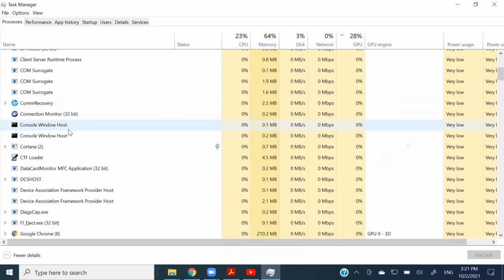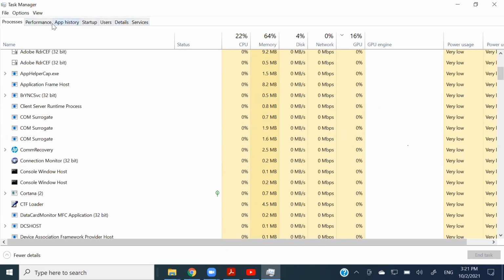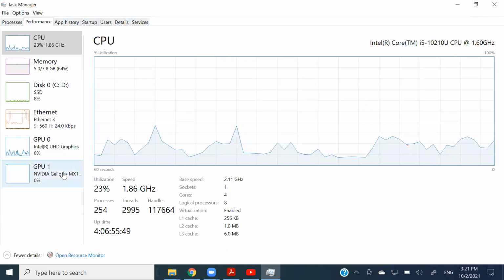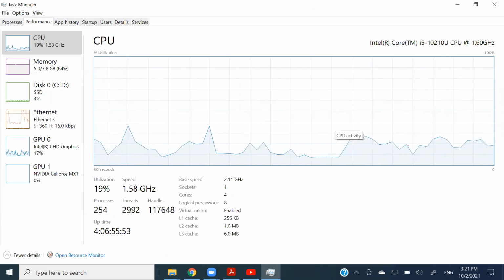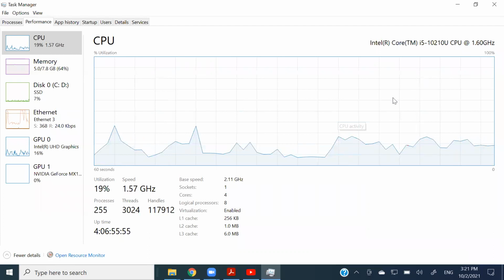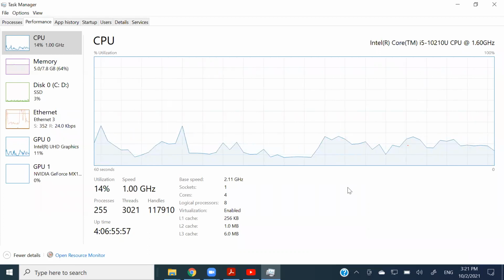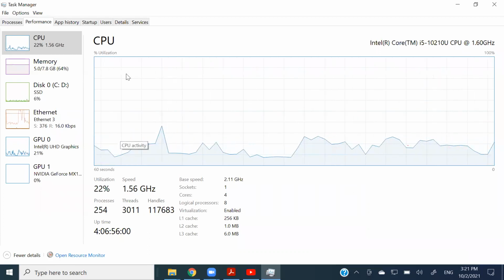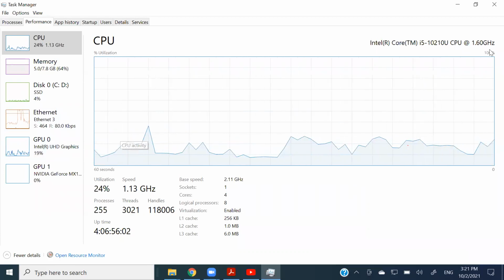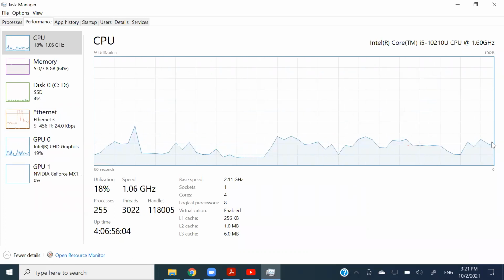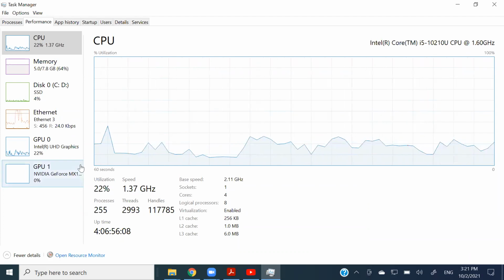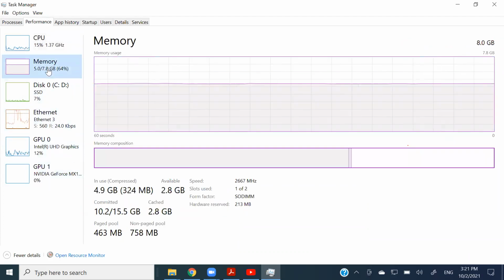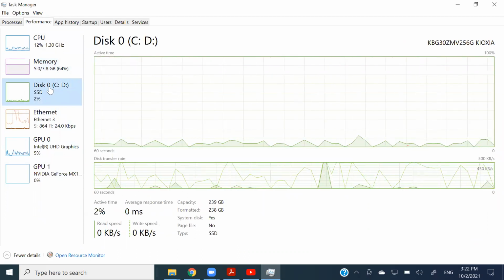As well, there are more options here. If you go to Performance, you can see how my CPU is being utilized through this particular operating system, right? It is actually not 100% used. You can see how much of my memory is being used for the moment, and how much of my disk is being used.